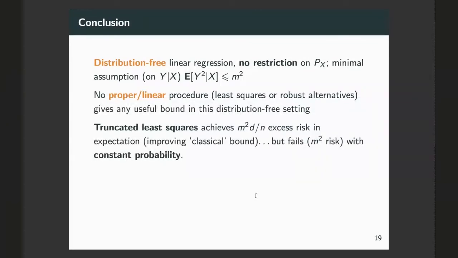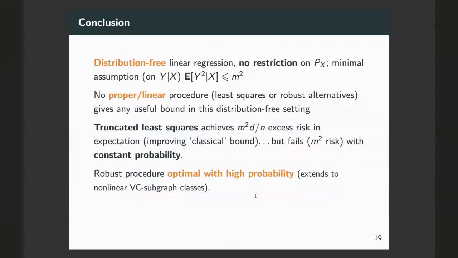There is this very simple truncated least squares procedure, which is very natural, and it gives an optimal d over n expected excess risk bound, which improves the classical bound on this procedure. But the problem is that it still fails with constant probability, even though it's optimal in expectation.